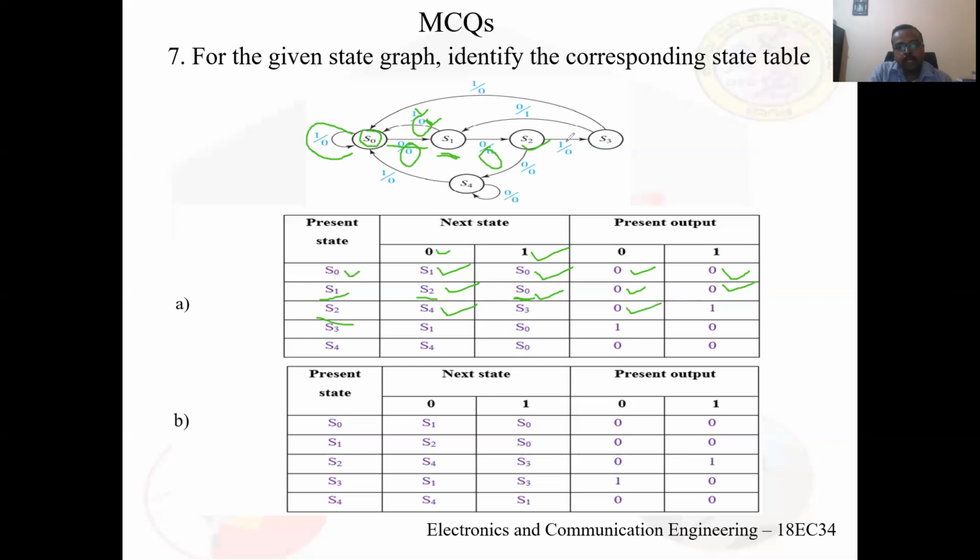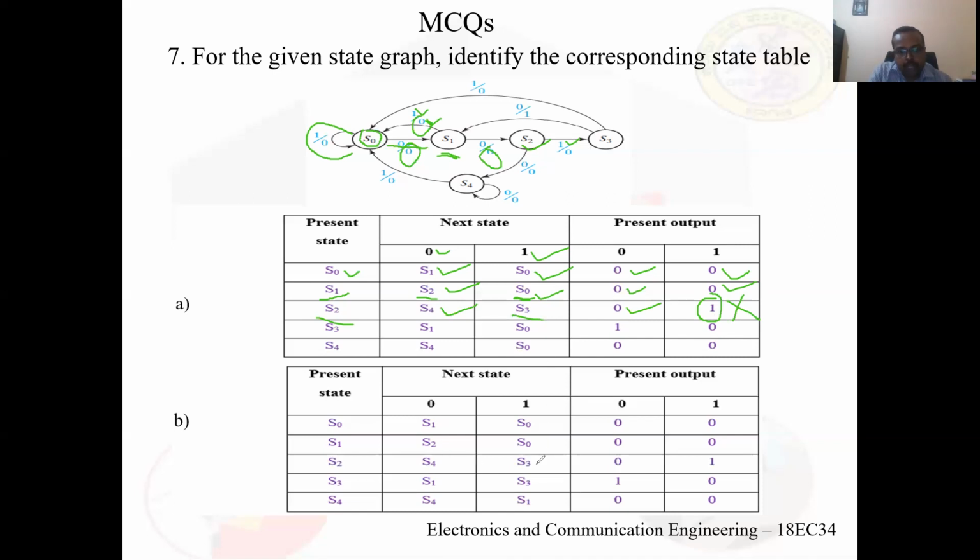And when the received input is 1, the output is 0 and it will go to the state S3. What is the received input here? Here it is given as 1, and the output is 0. It means that this is not the correct one. Similarly for this one, you can see here.